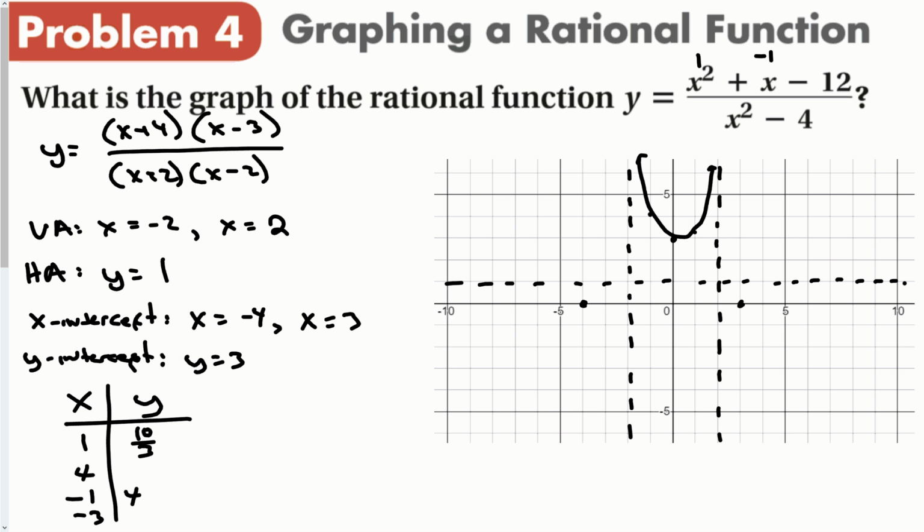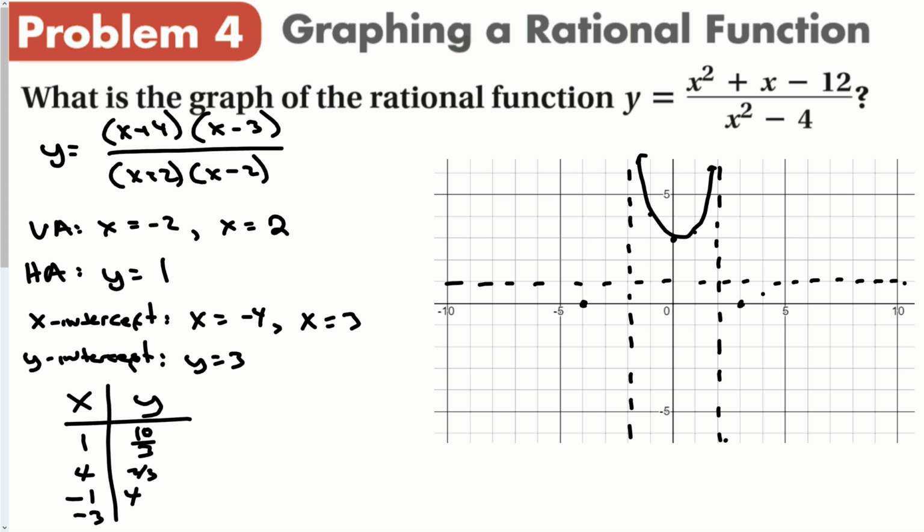Okay, let's plug in my other points. If I plug in a 4, I'm going to get 2/3. So 4, 2/3, kind of like that. That's pretty much enough to get the shape of this right-hand side, right? Because if I know that as I get closer and closer to the vertical asymptote, the function is going to be going straight up or straight down, and as I go to the right, it's going to get very close to the horizontal asymptote.